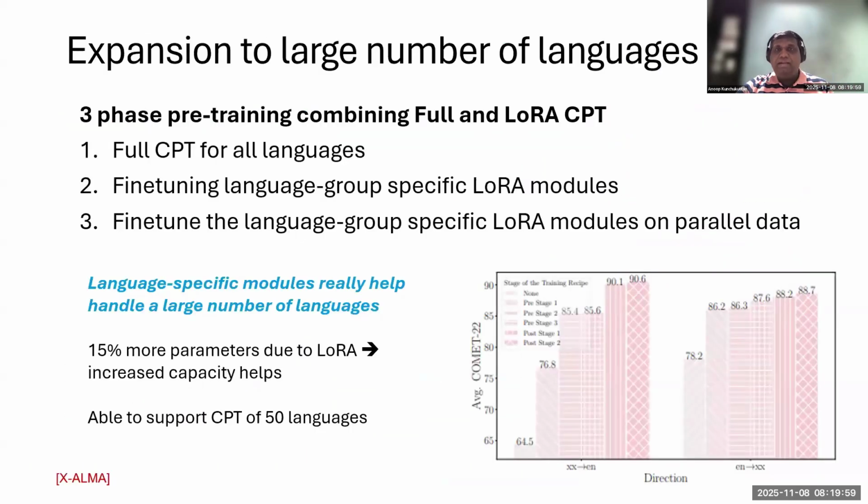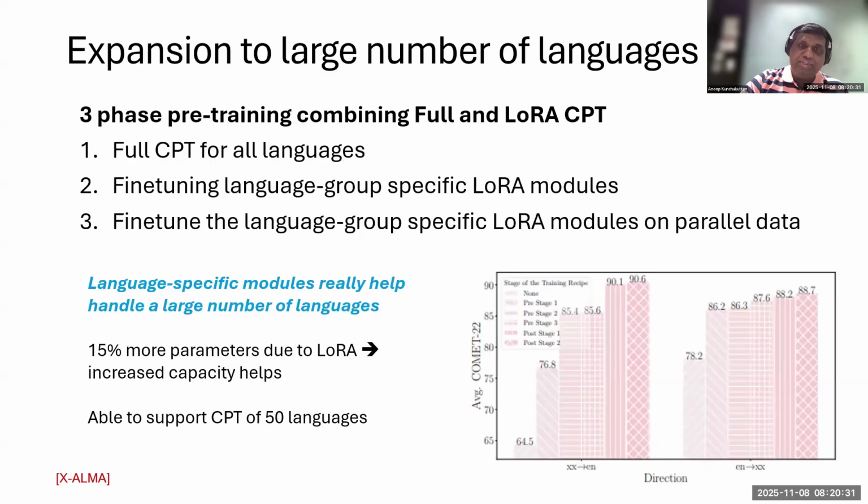Now, if you had to expand to a large number of languages, most of the CPT cases we just discussed were about adding one more language. But if you had to extend to a large number of languages, then what is a good recipe for that? And it turns out one way of doing that well is to combine full and LoRA-based continual pre-training. So what you do is first do a full fine-tuning of all parameters for all the languages.